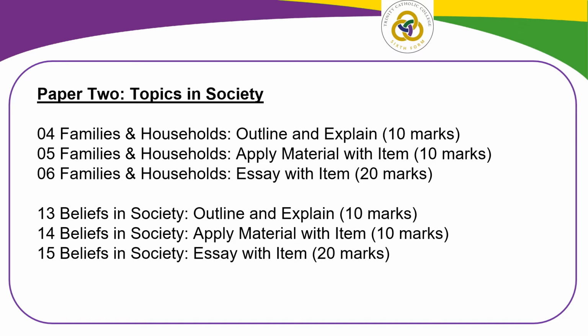Numbers 5 and 14 are 10-mark questions with an item to help and guide you. 4 and 13 didn't have an item, so it's purely a question, whereas 5 and 14 both have an item to help you and guide you. And there'll be 2 essays, one on families and households, one on beliefs in society, and the essay will be worth 20 marks, and we're going to go through essays in a minute, what's included in that.